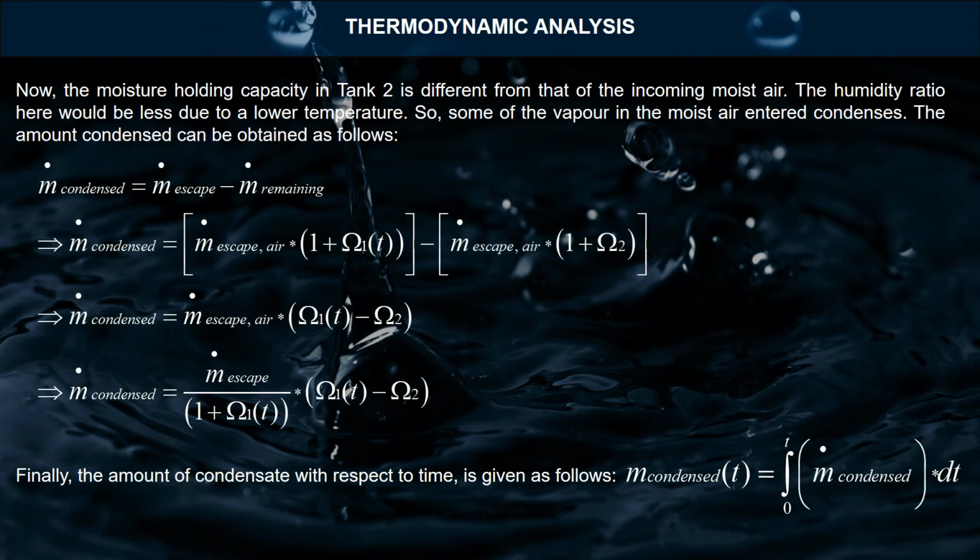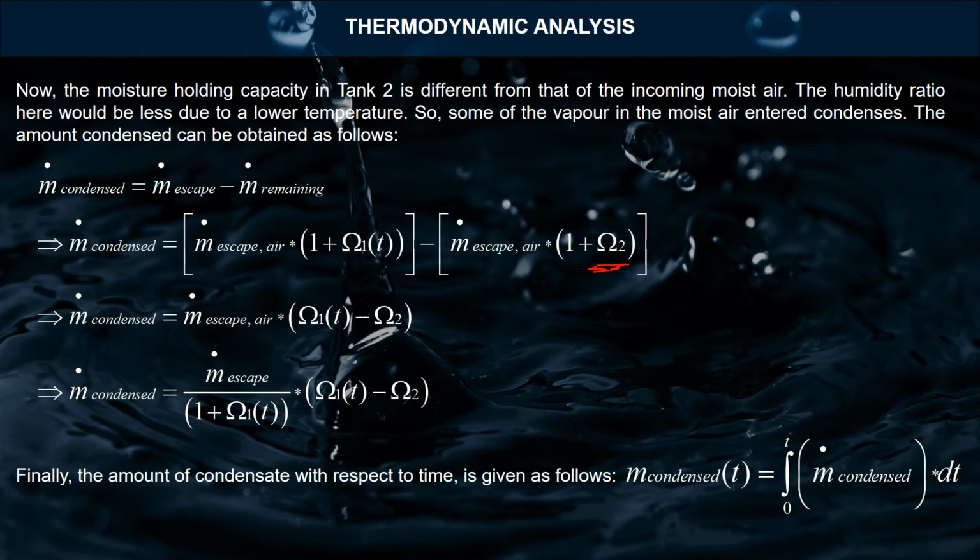After this, the moist air that escaped from tank 1 enters tank 2. Humidity ratio in tank 2 is given by omega 2 which is lesser than omega 1 because tank 2 is maintained at a lower temperature. So, the moist air will shed off some of its moisture here and then escape tank 2.